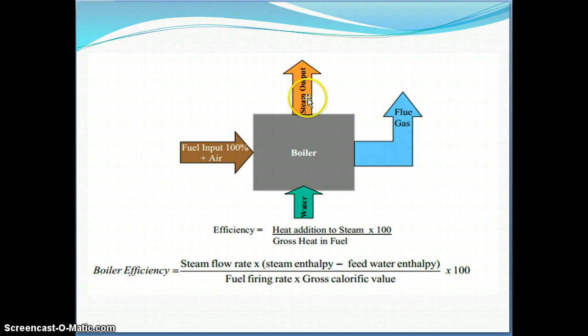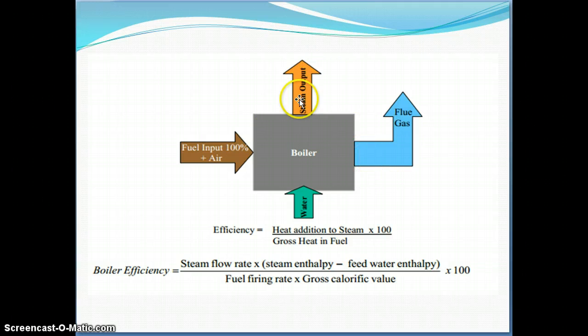The steam is basically getting the heat from the water. The boiler imparts heat to the water and converts it to steam. The boiler also imparts heat from the fuel and air and produces the flue gases. So basically, efficiency in terms of this block diagram is the heat addition to the steam relative to the gross heat in the fuel.